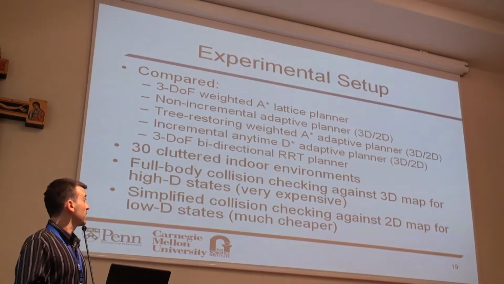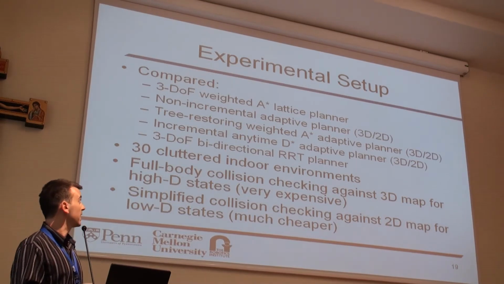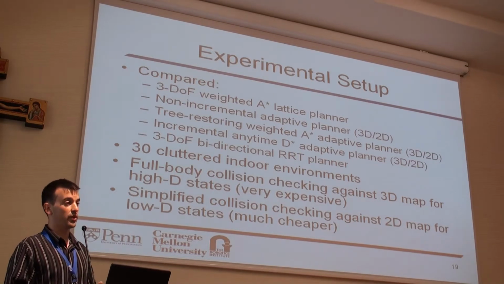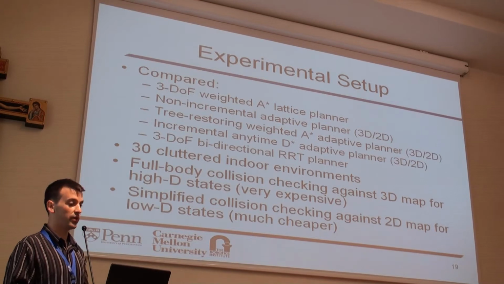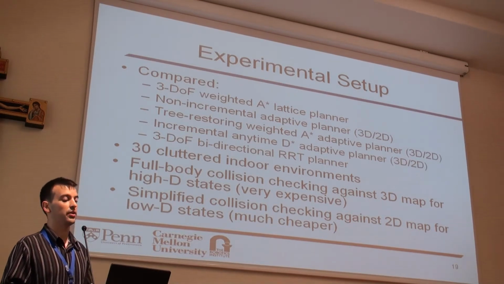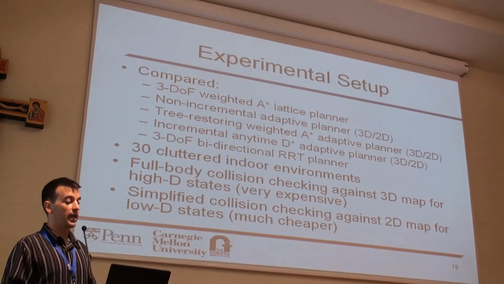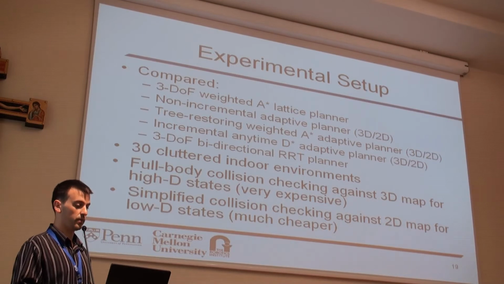So we compared 5 different planners: 3 degree of freedom weighted A star lattice planner, the non-incremental version of our adaptive planner, and 2 incremental versions, one using the tree restoring weighted A star algorithm and one using incremental anytime D star. And also we compared against a 3 degree of freedom bidirectional RRT planner, which is a sampling-based approach.